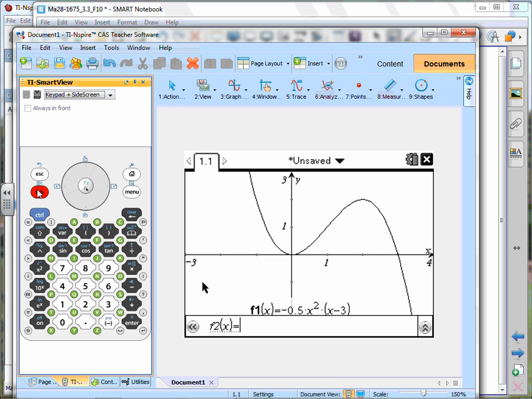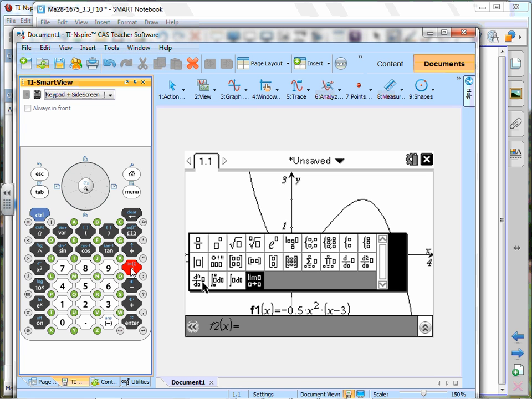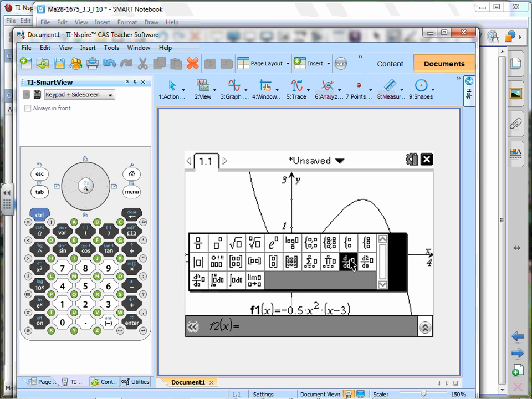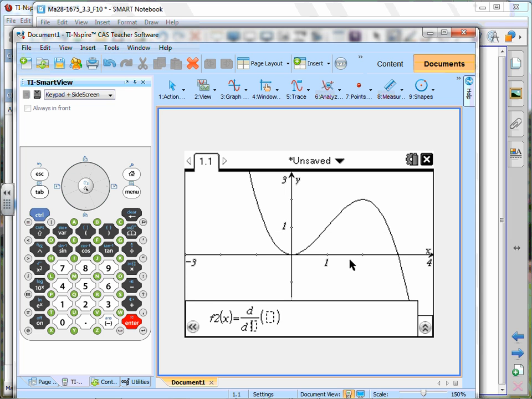I can have you compute or determine the derivative, but let me just kind of give it to you here. Well, no, let's do it this way. Go to the template, and let's do the derivative with respect to x of F1 of x, right?